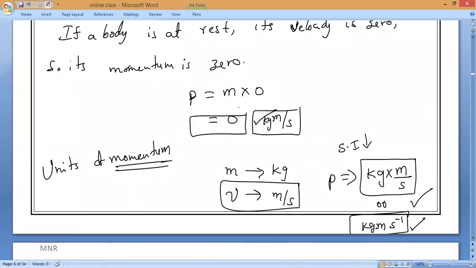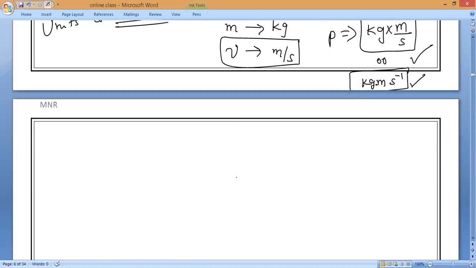Kilogram meter per second. So, which body will possess momentum? The body which is in motion. Only the bodies which are in motion. So that is what we can see in a particular direction. That is why momentum we can also call linear momentum, meaning when the body is traveling in a particular direction, that is what we take as velocity.